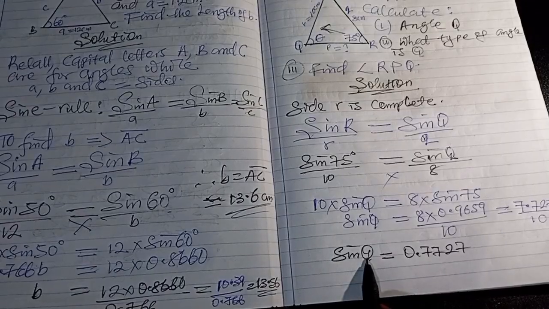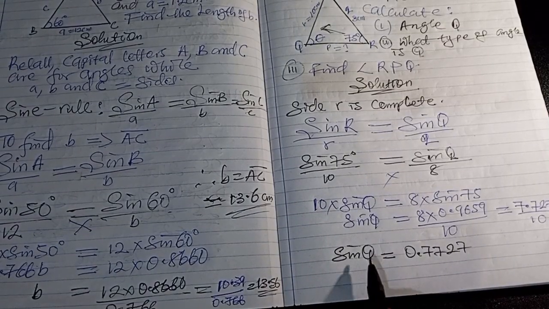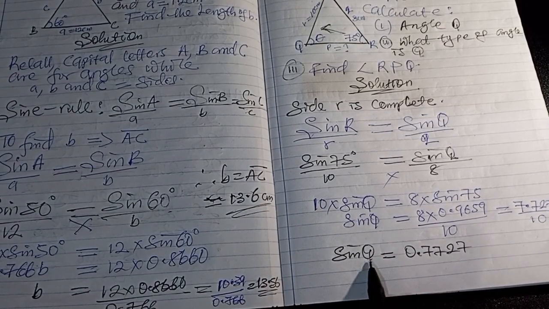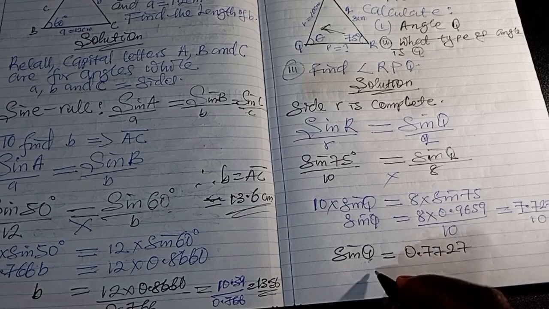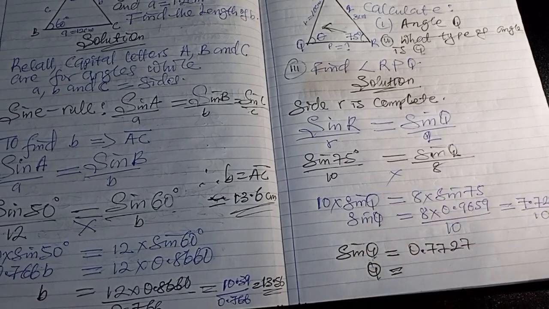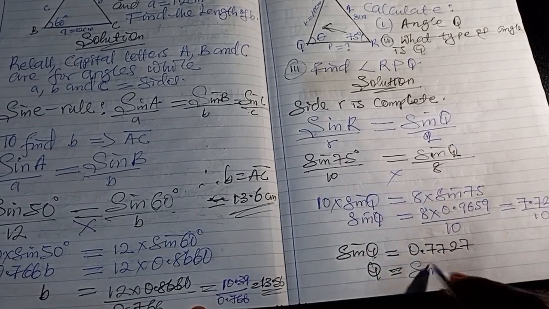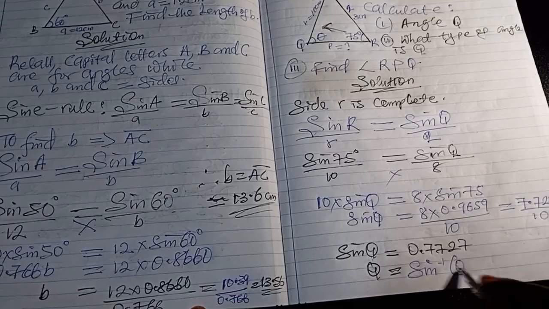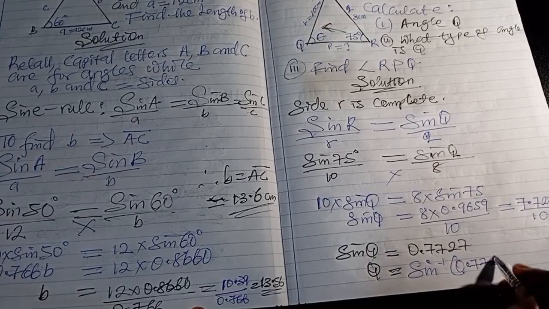Good. Now we are required to find q, not sine q. To find q, we are going to take the sine inverse. So q will be equal to sine inverse of this value, 0.7727.